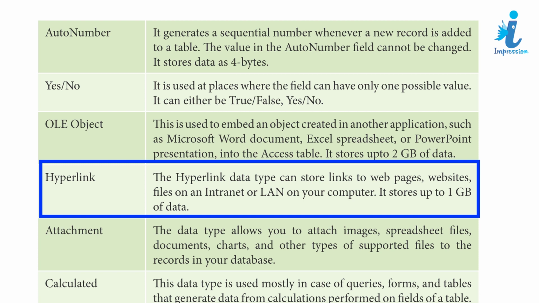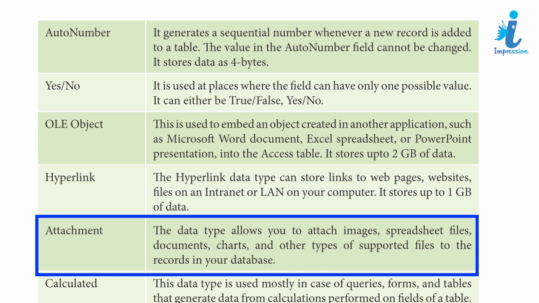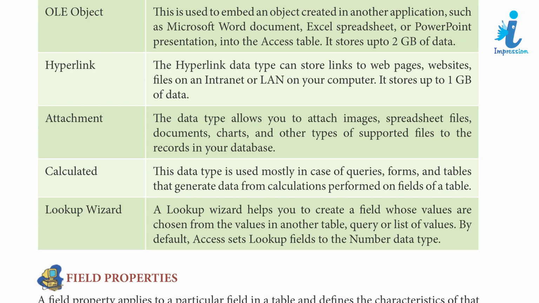The hyperlink data type can store links to web pages, websites, files, or an internet or LAN on your computer. It stores up to 1 GB of data. Attachment. This data type allows you to attach images, spreadsheet files, documents, charts, and other types of supported files to the records in your database.